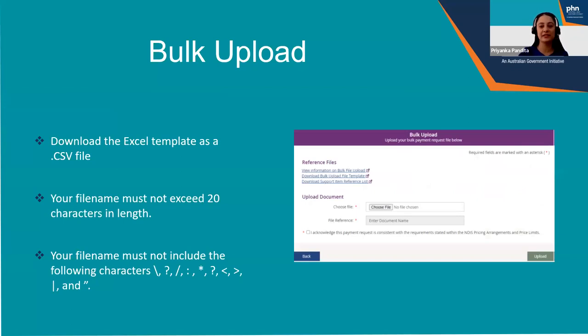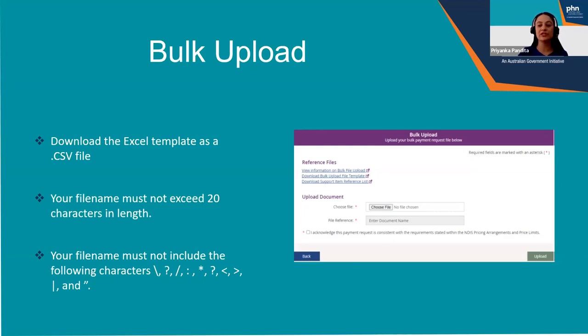There are three files that you can see. One is the view information on bulk file upload. Another one is the bulk upload file template. And then we have the support item reference list. The first one, view information on bulk upload file, is a guide for the providers on what and how they can record information within the bulk upload file template.